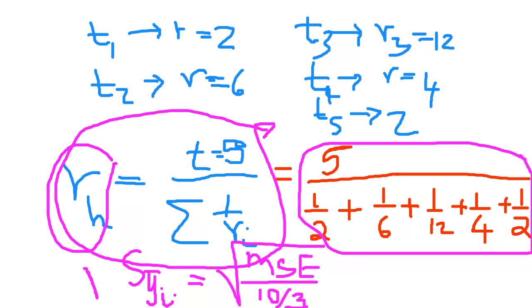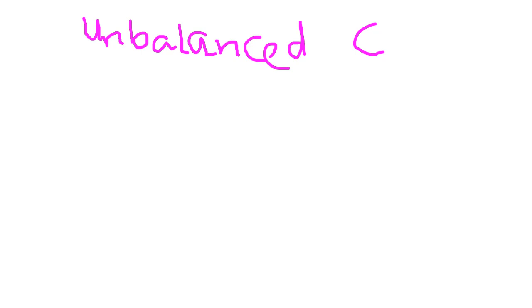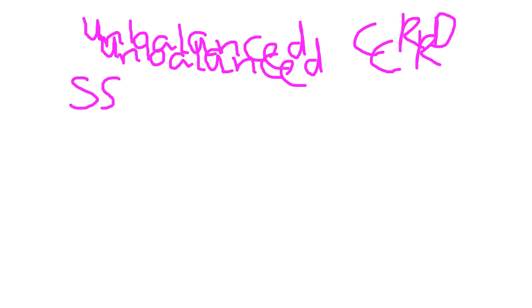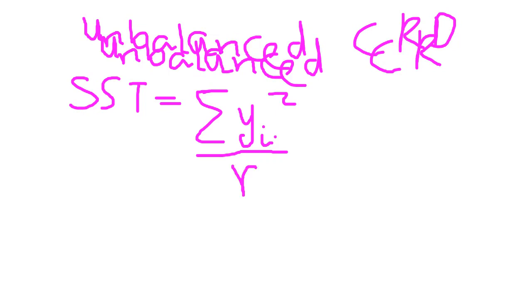Yes. Remember, leadership, we agreed that when the problem is unbalanced in a CRD, the formula for SST is equal to the summation of yi dot squared divided by Ri, minus y dot squared over n.